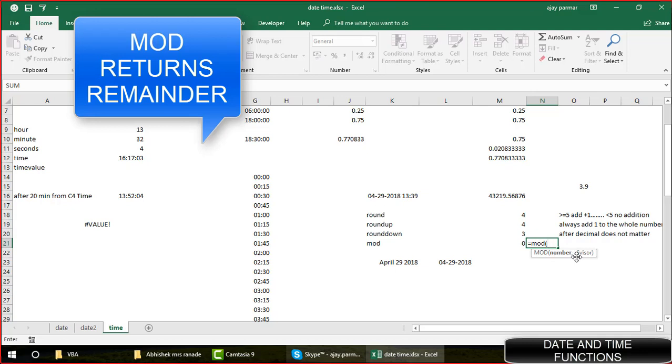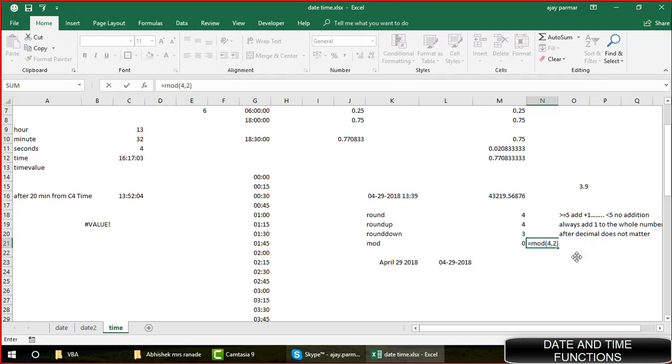Number and divisor. So if I say mod 4 divided by 2, you might be thinking the answer would come as 2. But the answer is 0. Why? Because in the remainder, you won't get anything. Because 4 is an even number, and whenever we divide even numbers with 2, we have the remainder as 0.